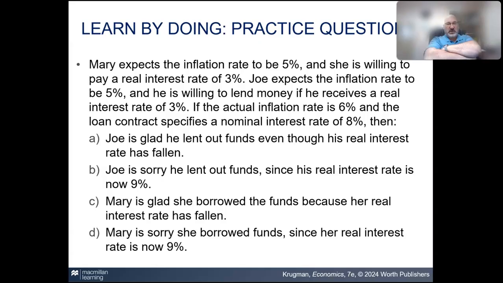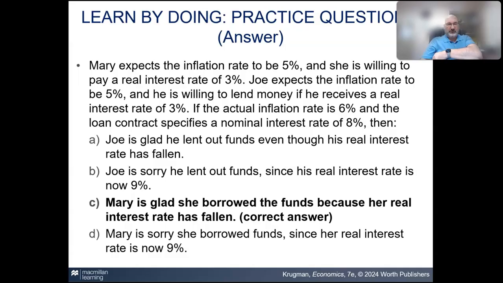Joe is glad he lent out funds even though the real interest rate has fallen. Joe is sorry he lent out funds since his real interest rate is now 9%. Mary's glad she borrowed the funds because her real interest rate has fallen. Mary is sorry she borrowed funds. Mary is happy. Her real interest rate has gone down.